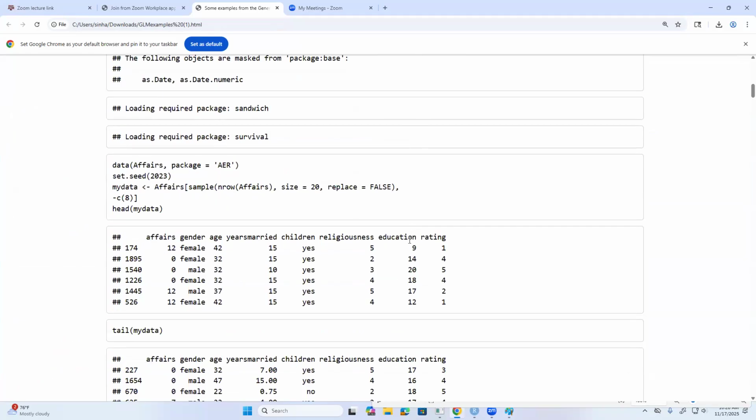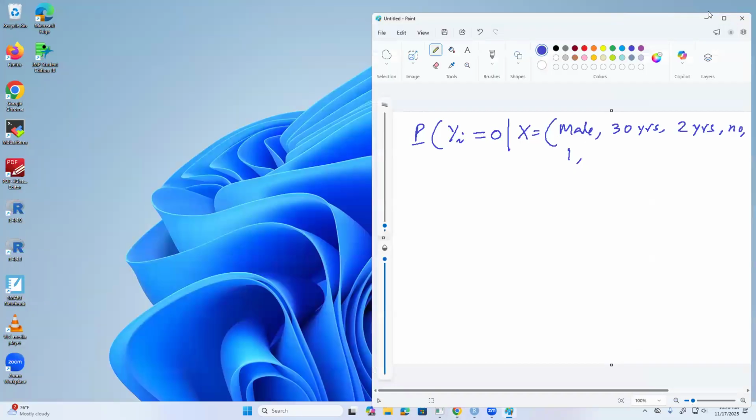Years of education, okay, so let's say 18 years, and happiness is 1, suppose. Probability yi equal to 0.